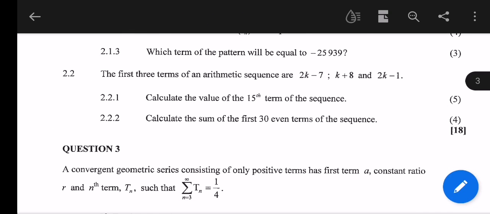Okay, let's move on to the question that follows, which is 2.2.2. Calculate the sum of the first 30 even terms of this sequence.